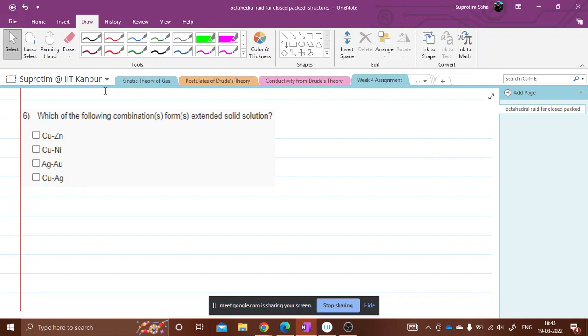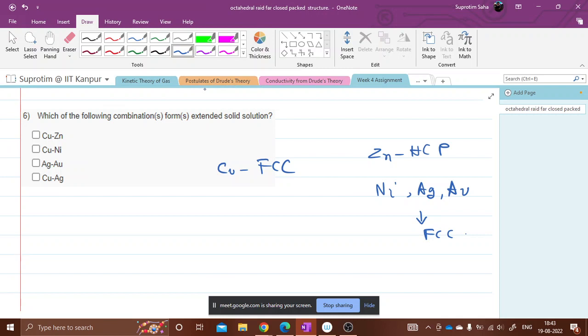So, you know that copper is FCC. Your zinc is HCP, right? Nickel, silver, gold, they are all FCC, right? So there has to be the same crystal structure.